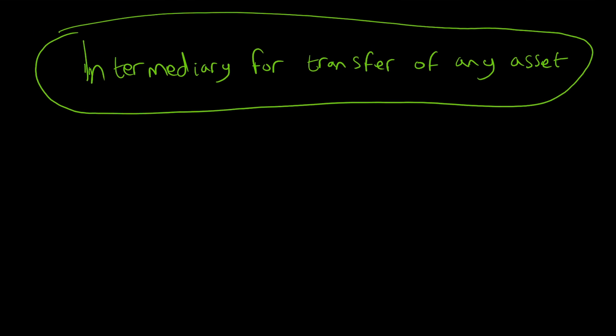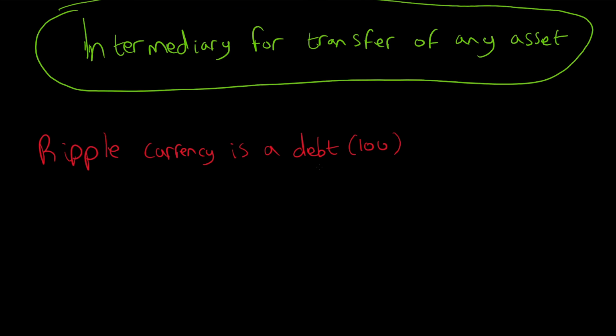Ripple is similar to conventional money in a way, because the Ripple currency is a debt-based system, basically an IOU, similar to the conventional banking system.